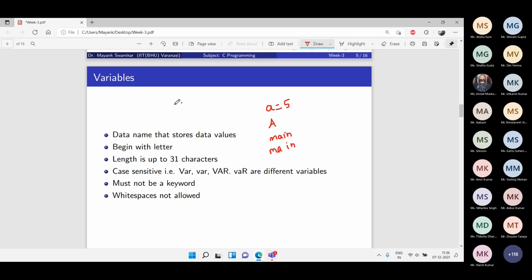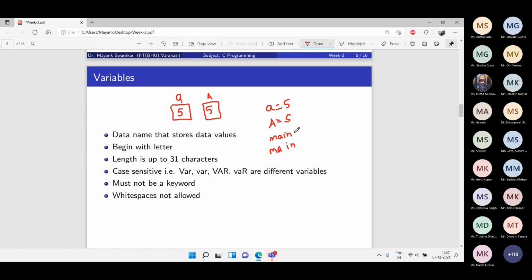So among those, one block is allocated whose name is given as A and a value 5 is allocated here until the program is running. And this A is a variable which stores the constant 5. Simple. So if you write A equals 5, this means there is a variable A which has value 5. These are not two same things.